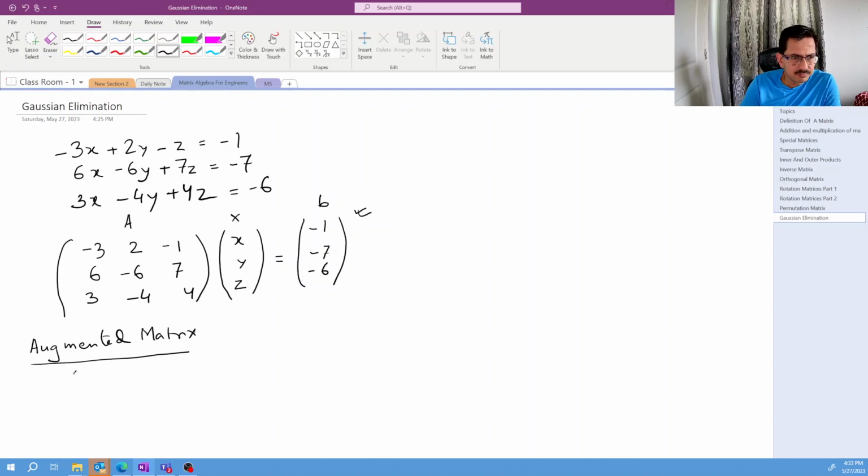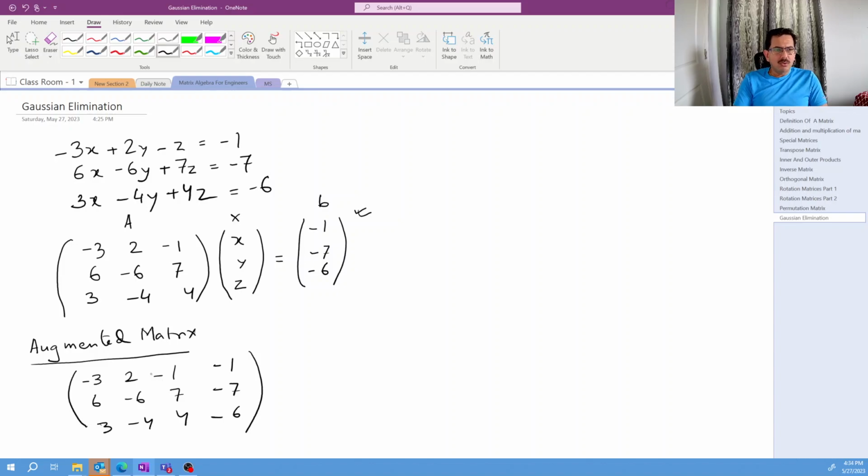Very simple. Just the same matrix, but we will now add these things, the 4 4, also into this same matrix. So this is my augmented matrix.